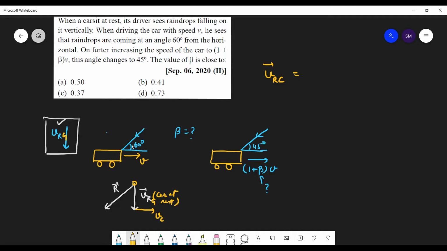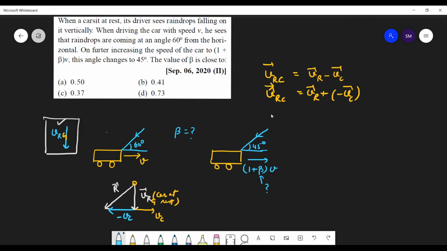So velocity of rain with respect to car will be velocity of rain minus velocity of car, that is the vector sum of vr and minus vc, and that will be the resultant. So that is the diagram.